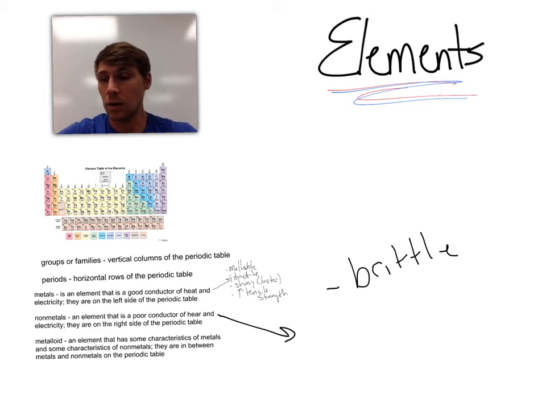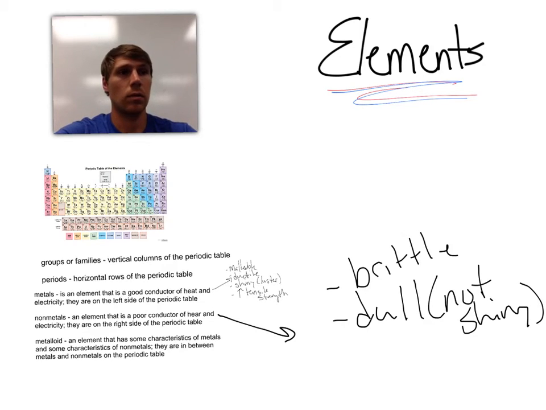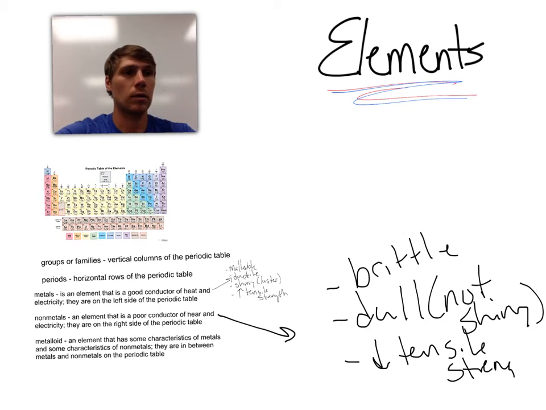They're going to be the opposite of luster, which just basically means dull in color, so they're not going to be shiny. And they have a low tensile strength, so they're going to break easily. So that's some of the properties that metals and nonmetals have.